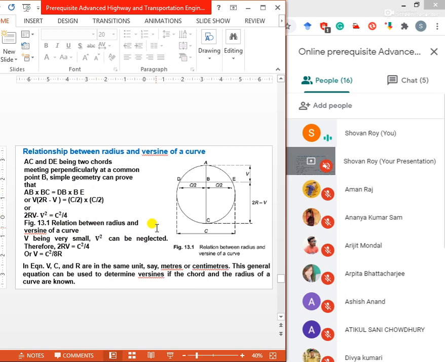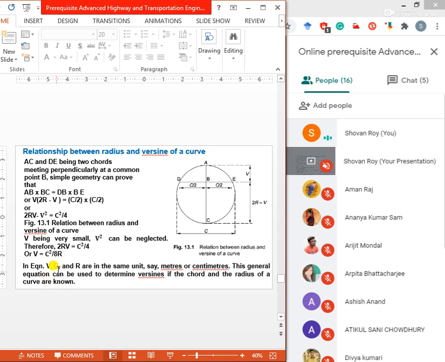From this figure, the relation between radius and versine of a curve: V being very small, the versine is very small, so V square can be neglected from this equation. Therefore 2RV equals C square by 4, or simply V equals C square by 8R.